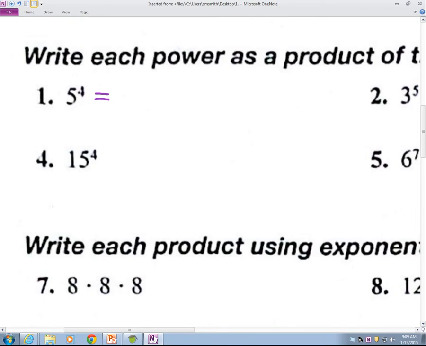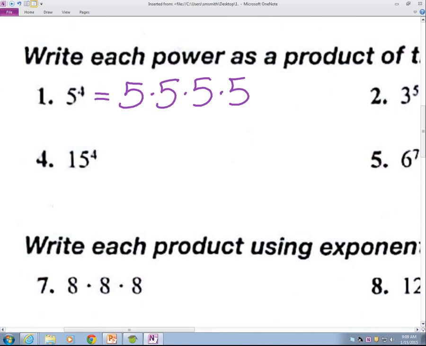Actually, look at the stuff that you did for your homework last night. What does it say about a factor? It's the base. And as Maddie said, it's a product of the same factor. So we have to have that same factor. So the correct answer for this one's going to be 1, 2, 3, 4. And it says a product. Those dots mean what?